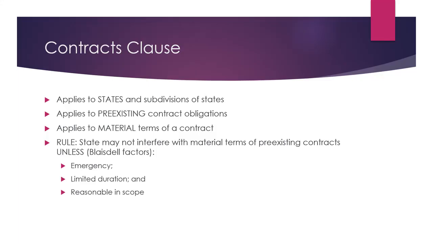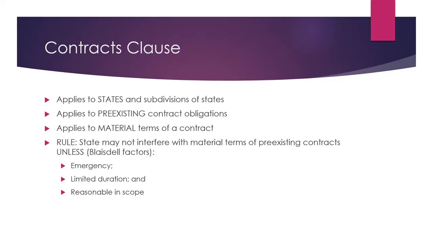Number one, let me repeat, this only applies to states, right? This contracts clause, it says states, no state shall, right? So states are the target of this. So don't take the bait, rather, when you see a fact pattern where Congress is interfering with the obligations of contracts, right? Congress is not subject to the contracts clause, states are.